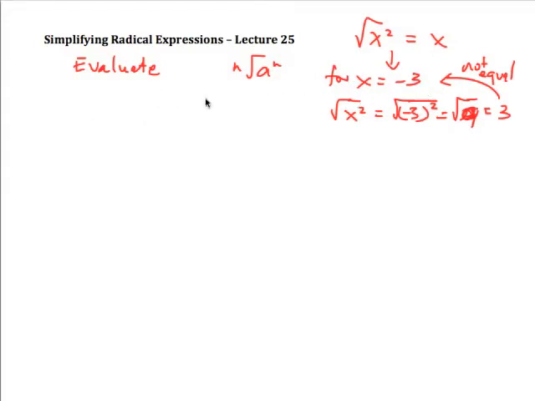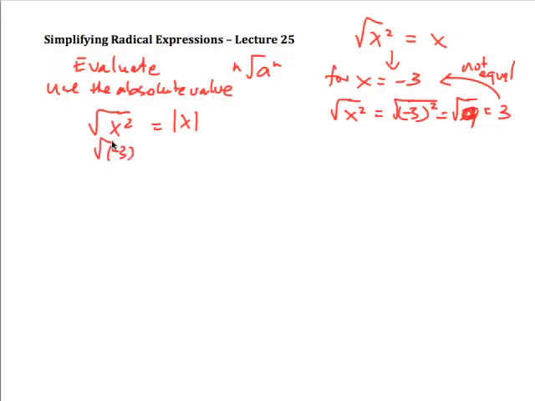Now, to take care of that, we use the absolute value. So if I say the square root of x squared is equal to the absolute value of x, then the square root of (-3) squared would be the absolute value of -3, which of course is 3, and that goes along with what we have here.